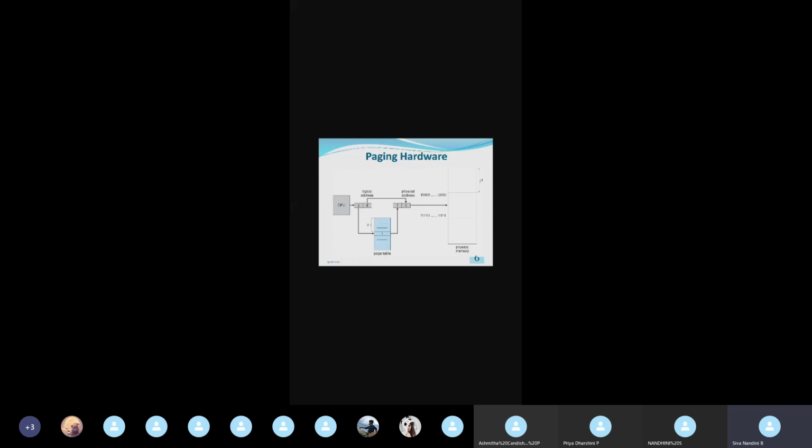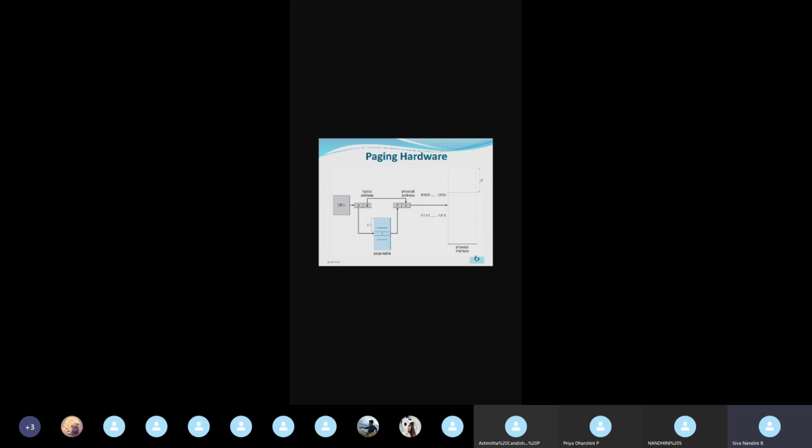Okay, once this page number is found, for example, I am considering here the page number as 1. Here, see in the physical memory, I am having 3 frames. Okay, I am considering it as page number 1. So this page number 1 will be checked in the page table where this 1 is available.